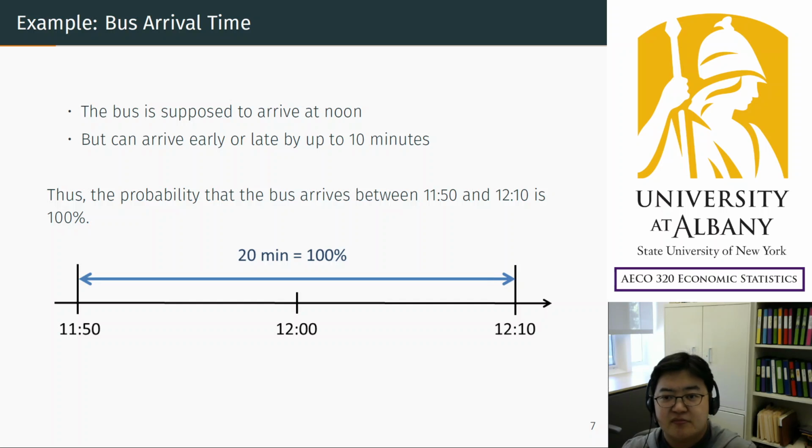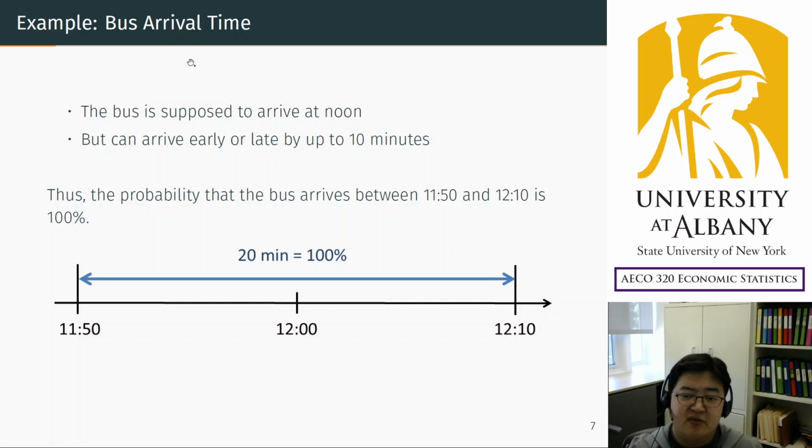Suppose that the bus is supposed to arrive at noon, 12 o'clock, but it can be early or late, say by up to 10 minutes. That's the maximum error in the bus arrival time. Then we are going to describe the probability distribution using this timeline.